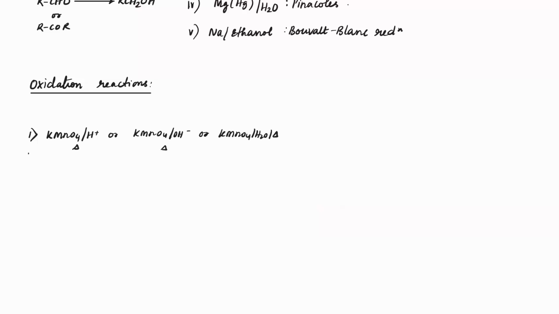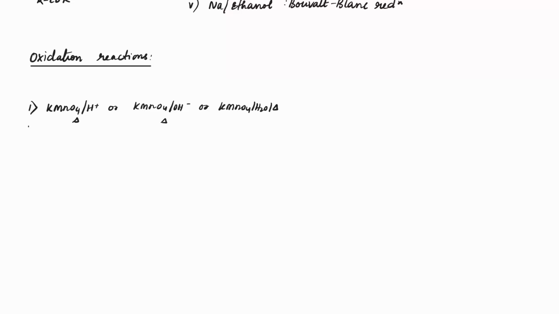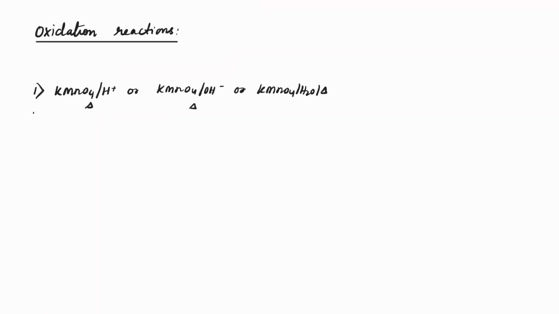Starting with KMnO4 and H plus. If you have KMnO4 H plus, or KMnO4 OH minus, or KMnO4 H2O, what are the reactions that happen? First, if you have any aldehyde under oxidation with any of these reagents, it will convert into carboxylic acid.